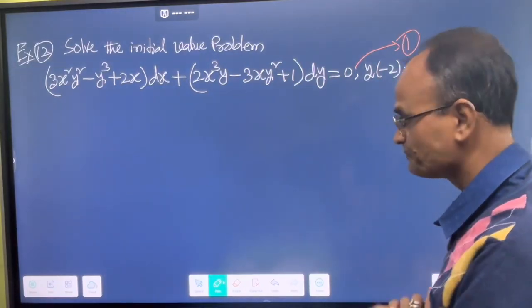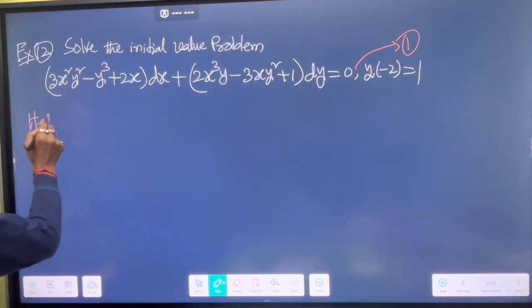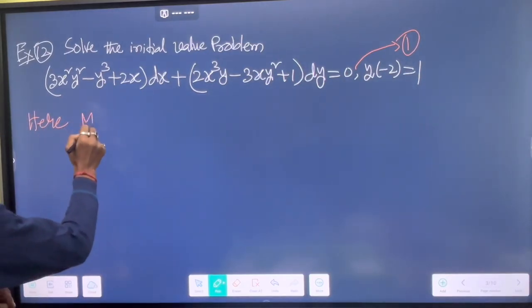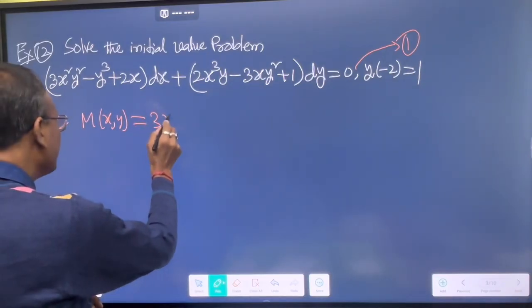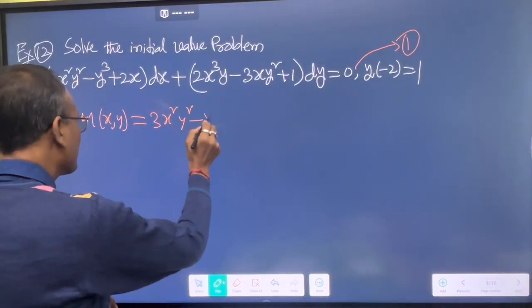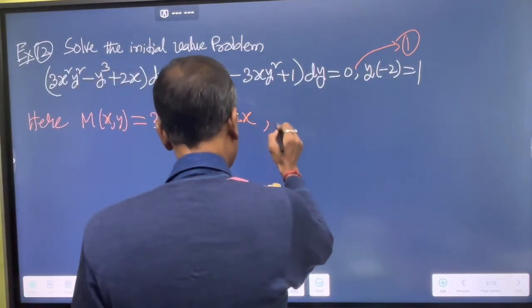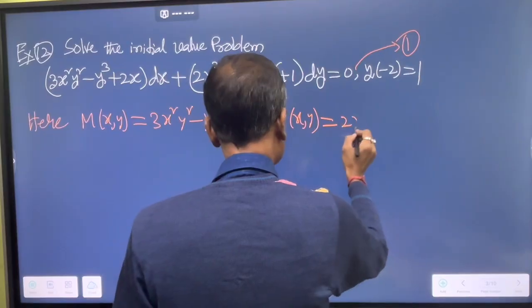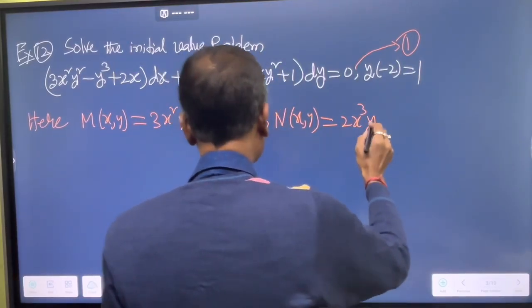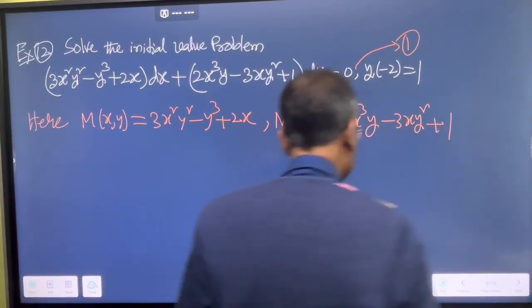Here, comparing this with M dx plus N dy, M equals 3x square y square minus y cube plus 2x, and N equals 2x cube y minus 3x y square plus 1.